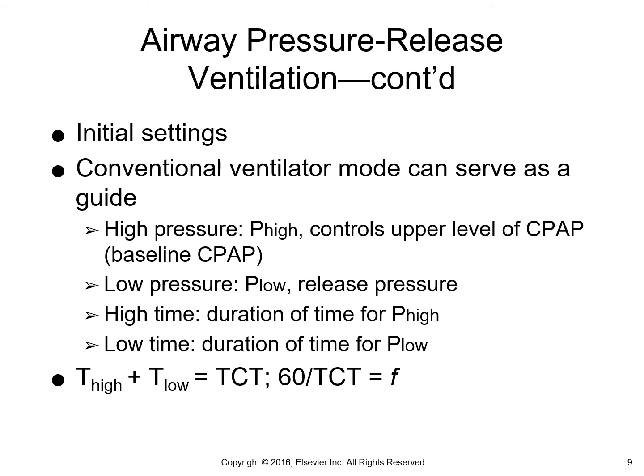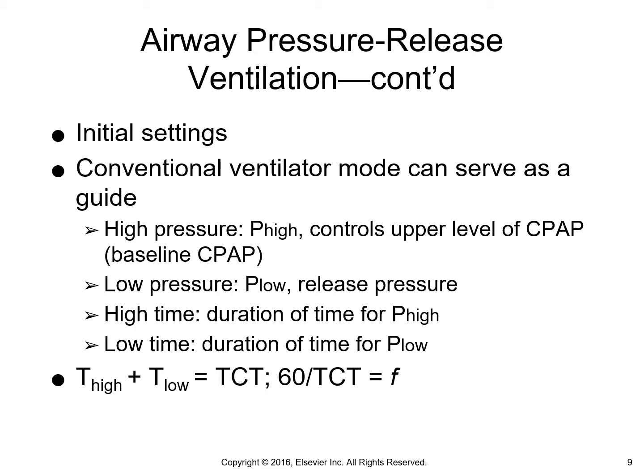So we look at some initial settings. The conventional mode that they're on with the regular ventilator can kind of serve as a guideline. So some of the settings that they're receiving on the conventional mode of ventilation can give us a little bit of a guideline. When we're looking at the high pressure, or the P high, remember, that's controlling the upper level of the CPAP, otherwise known as your baseline CPAP.